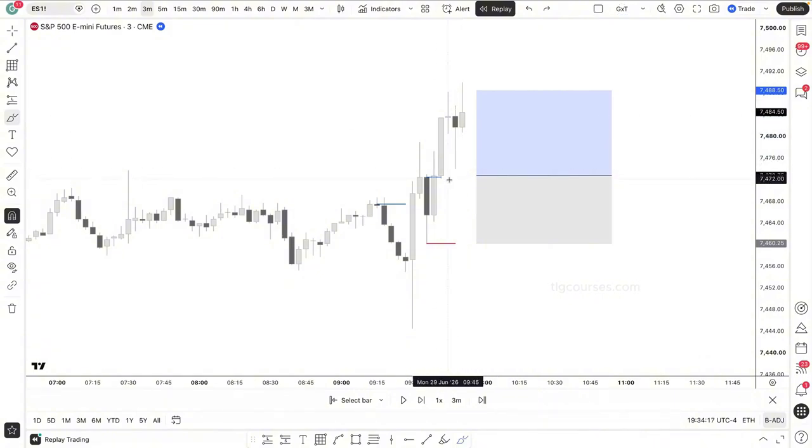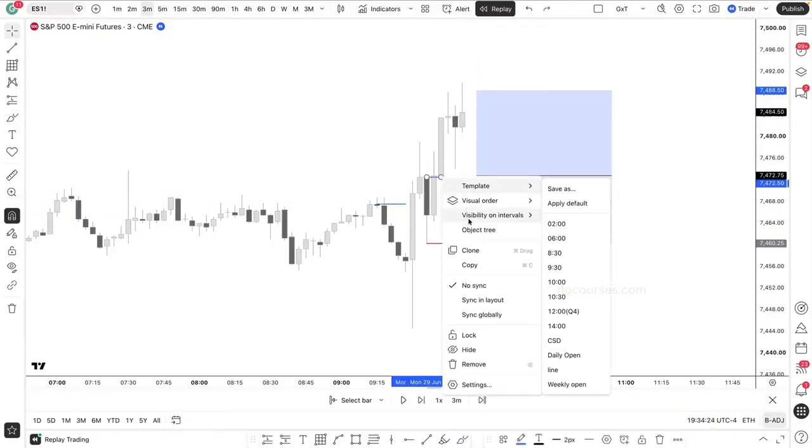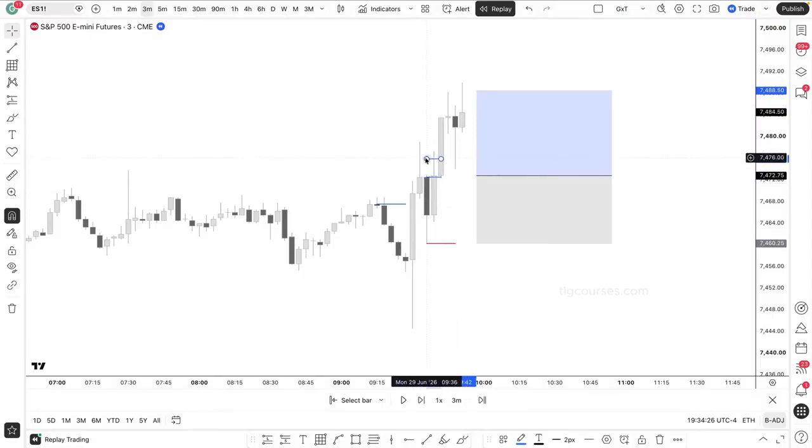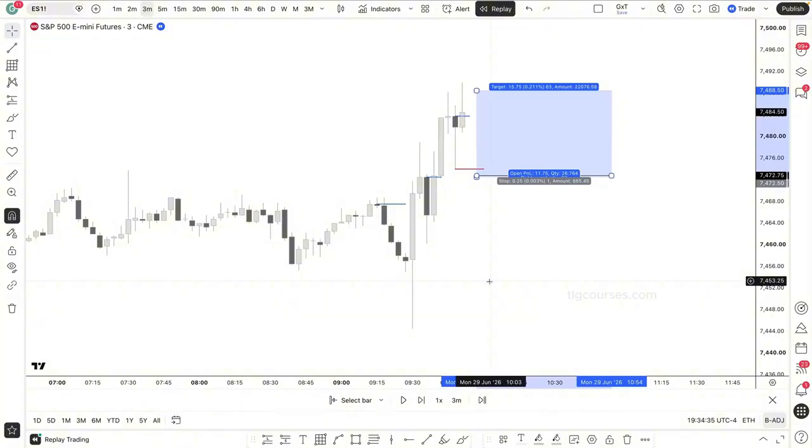We're gonna talk about how to mechanically know this is valid later. But once it does that, and then we create a CSD above your entry, that's when you can go break even, all right? So this is technically the protected level. So boom, you go break even.